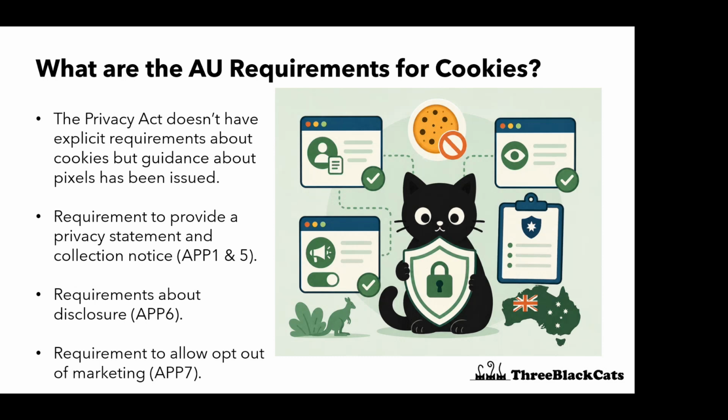Now, more importantly and different to New Zealand, people have the ability under the Australian Privacy Act to opt out of marketing. Okay, and that includes cookies. So it is okay to drop cookies onto their device, but they have to be able to say no afterwards. So we tend to refer to Australia as an opt-out country for cookie banners.